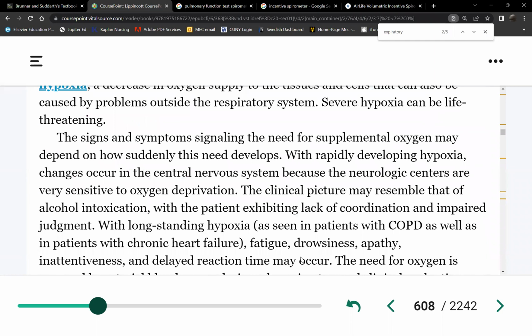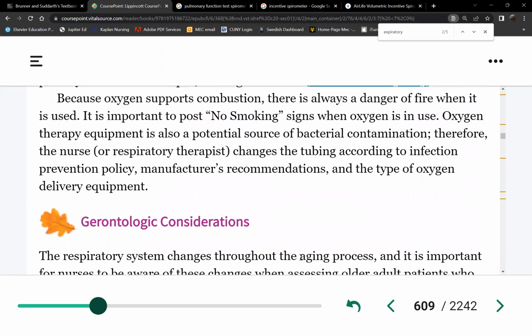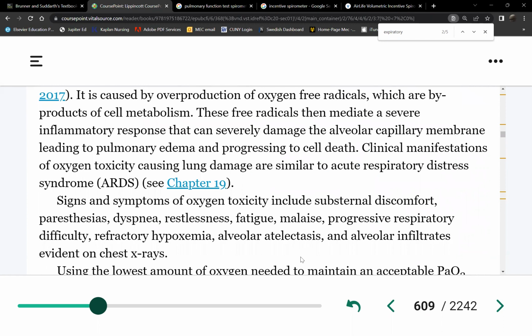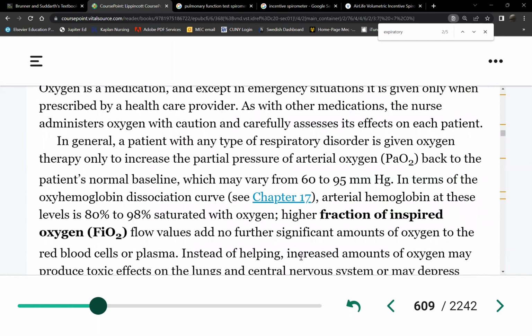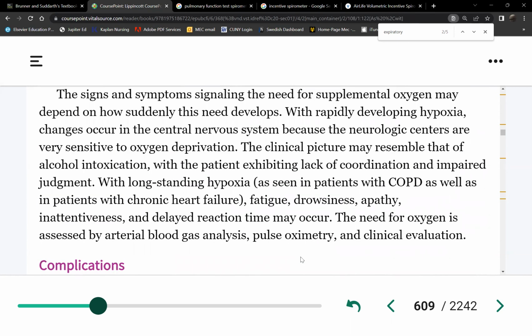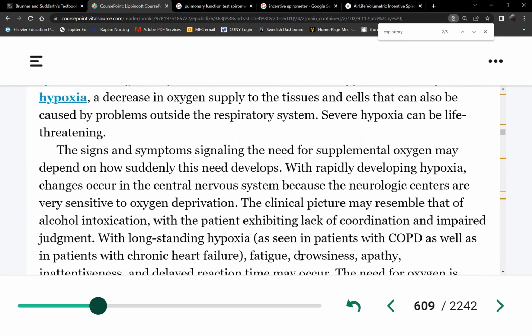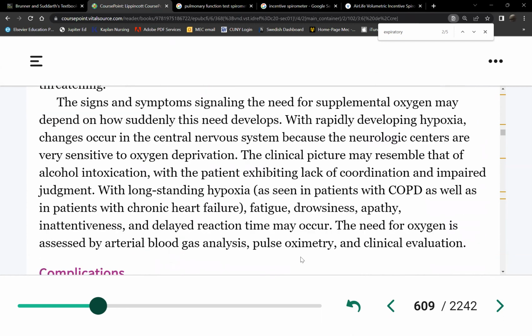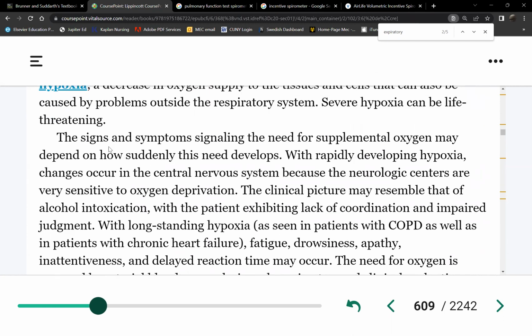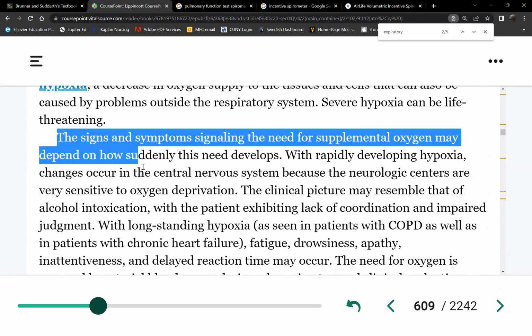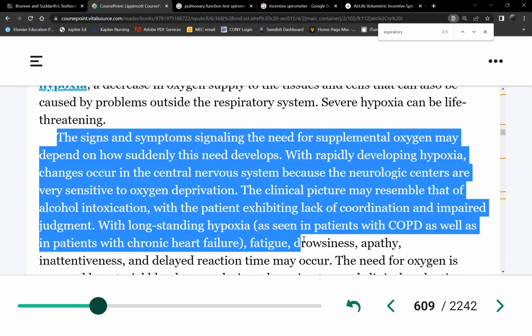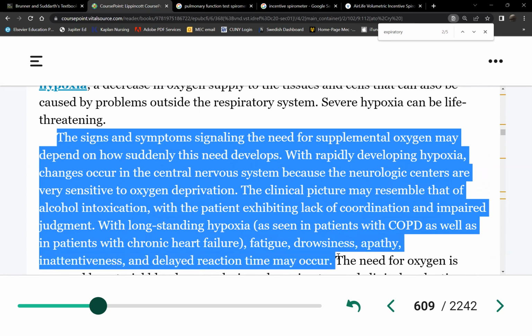So again, signs and symptoms. I won't read the entire paragraph for you, but you have to be able to distinguish between what is expected, meaning day-to-day manifestations of people with COPD. In this particular paragraph, are they talking about day-to-day signs and symptoms or signs and symptoms of an exacerbation or an acute attack?